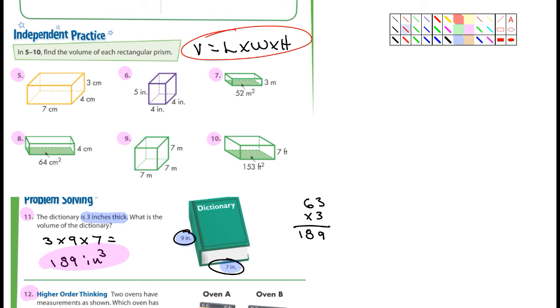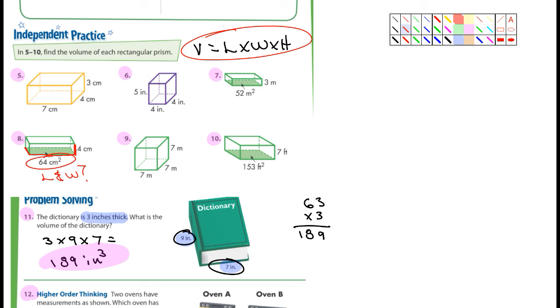Okay. Let's look at number 8, for example. They give us the height here, but how do we figure out the length and the width? Well, we need to figure out this distance, and this distance. So there's 2 measurements that we're missing. So they give us this area. It's 64 centimeters squared.